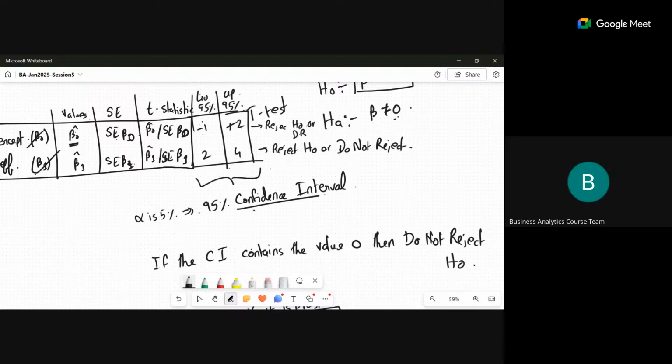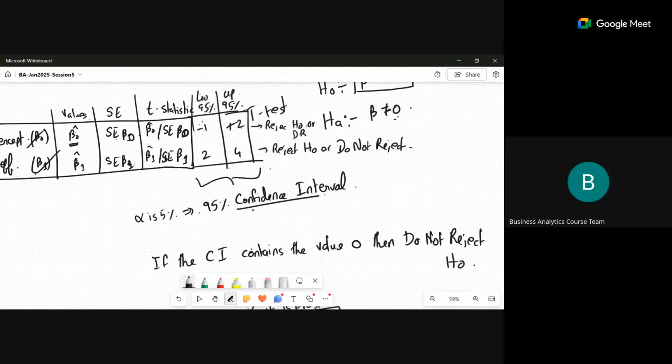It is not significant, because it means beta can be 0. Okay? So here the terminology is varied, but all you can say is that when it is between -1 and +2, I am not going to reject H0. Do not reject H0 and conclude that the beta value may be 0.